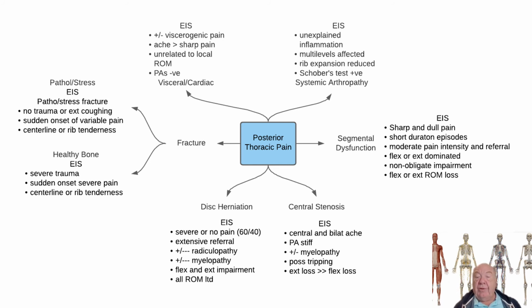Central stenosis is going to be similar to cervical and lumbar stenosis as far as presenting symptoms. So you're going to have a central bilateral aching pain across. How far it radiates bilaterally is about the severity of the pain more than anything else. PAs are going to be stiff over it. There may or may not be a myelopathy. You might find the patient complains of tripping, much the same as they do in the neck, so there may be no neurological symptoms except this tripping.